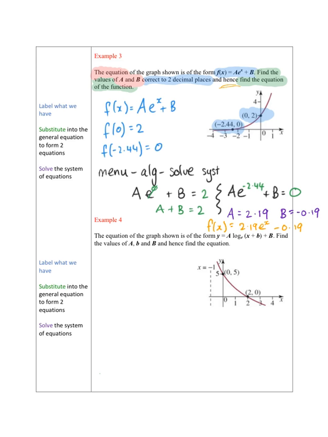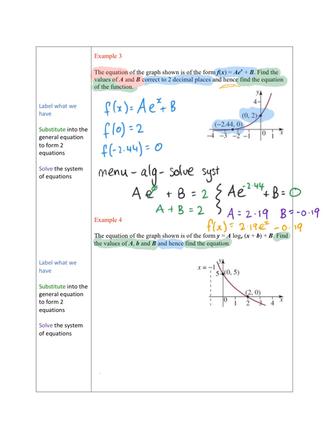Looking at our next question, it asks us to find the values of a, lowercase b, and capital B, and hence find the equation. So it's really important that this is the way I go about finding the equation.